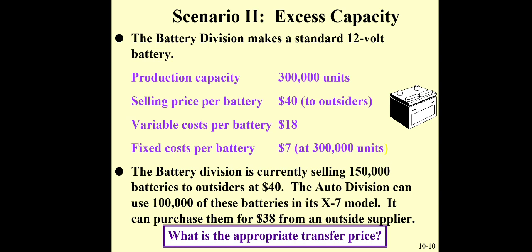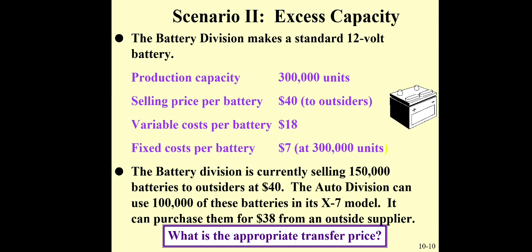So the factory capacity is 300,000 units, but the battery division is now selling only 150,000 batteries. So there is an excess capacity of how many units? Excess capacity is 300,000 units minus 150,000 units, so the excess capacity is 150,000 units.